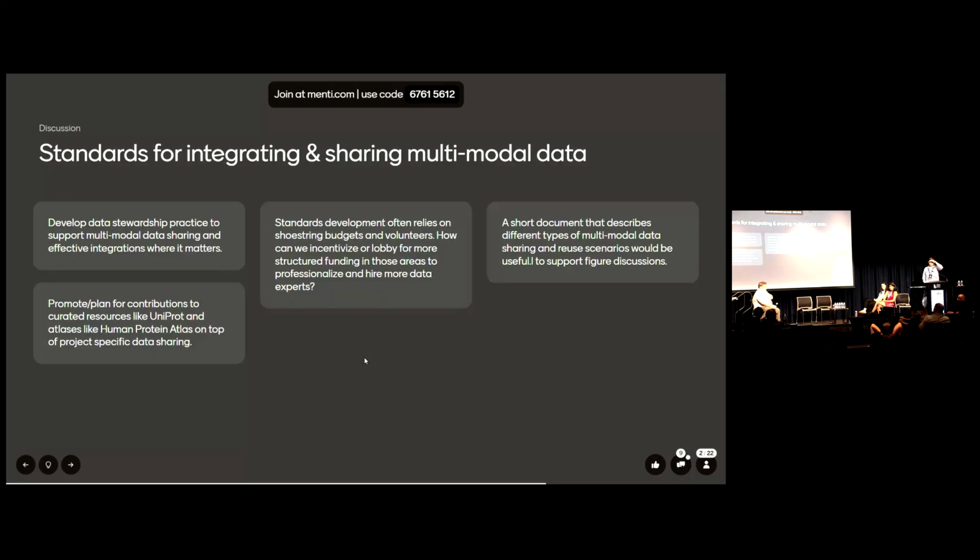Also, what is interesting, you have different data sets and different standard operating procedures. And it is not possible to compare things because you don't know how this data has been produced.